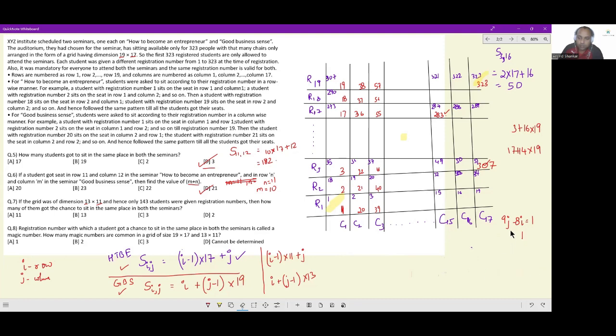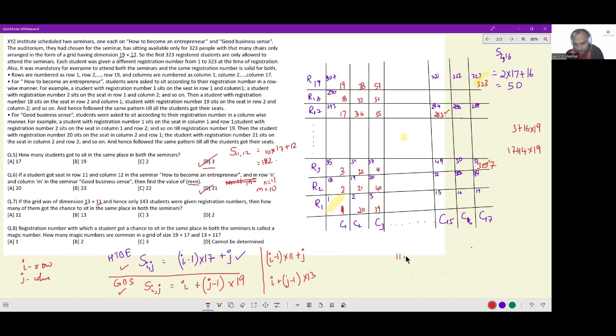So now we have to identify how many students got a chance to sit in the same place in both the seminars. Visually, hopefully you remember the 3 seats are going to be the first, the last, and the middle one. Even here you will get the same result, but mathematically, in order to prove that, we equate these.